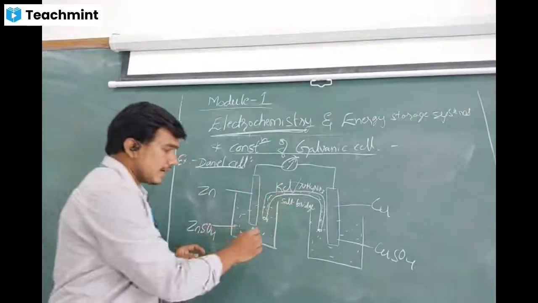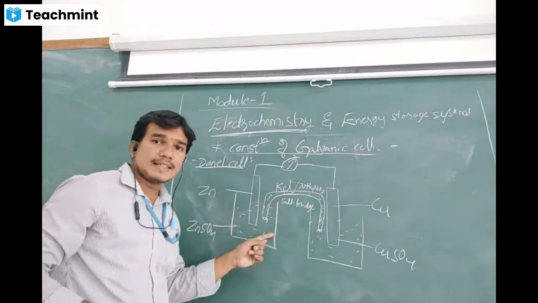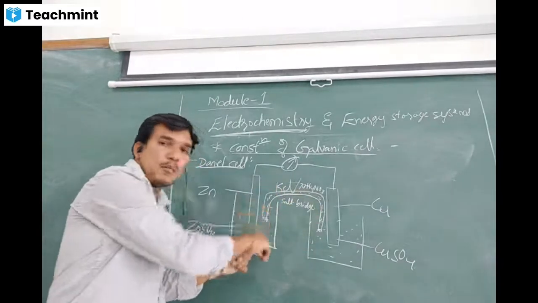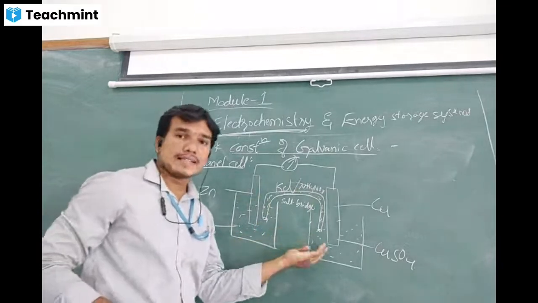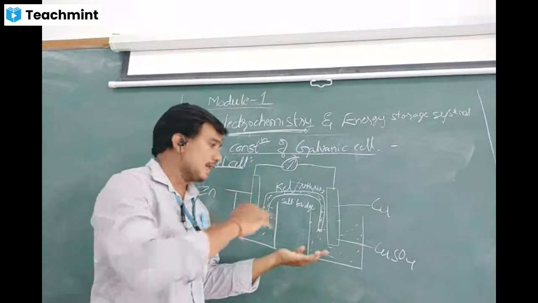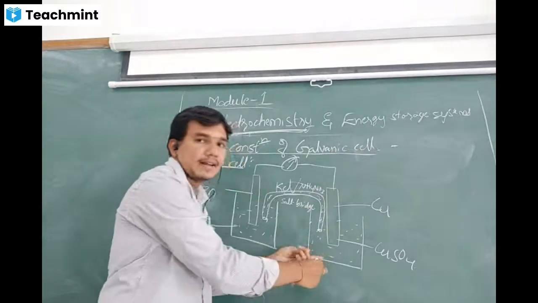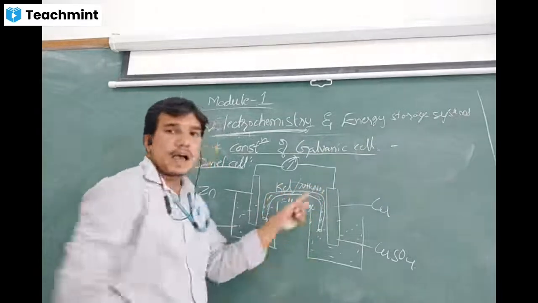Here there are more negative ions, more anions, so it will send the positive ions to this solution. Here more cations are there, so to maintain the electrical neutrality it sends the anions. Why have they taken KCl or ammonium nitrate?